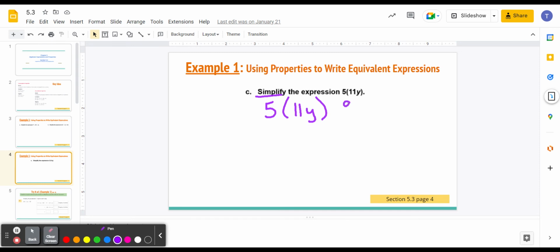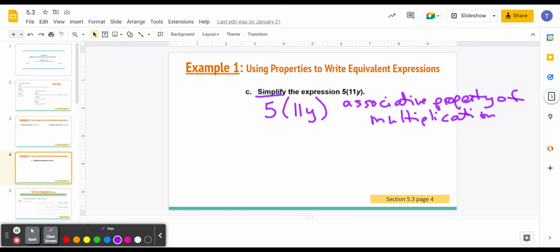So if I do the associative property of multiplication, remember there's no abbreviating, so you do have to spell all this out. You're going to keep the order.